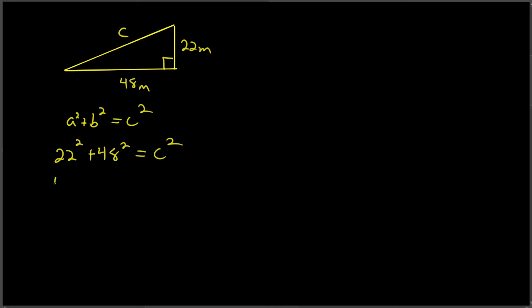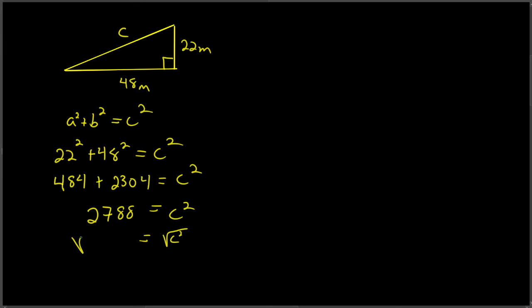Again, I'm going to use my calculator. This is 484. And this is 2,304 equals c squared. Well, I add these together, and I get 2,788. And so now I take the square root of both sides.